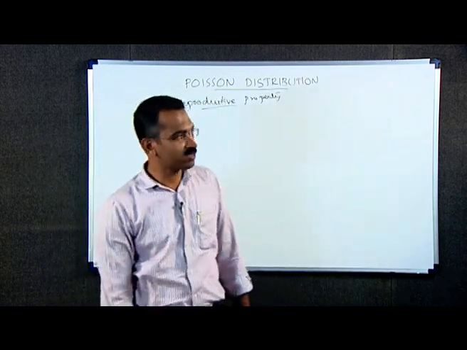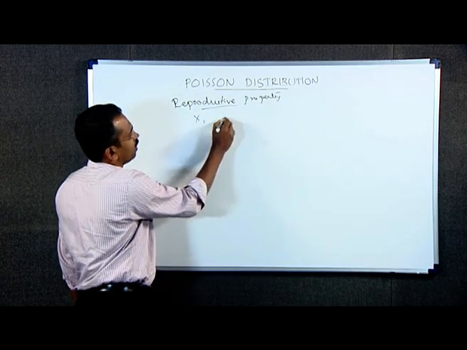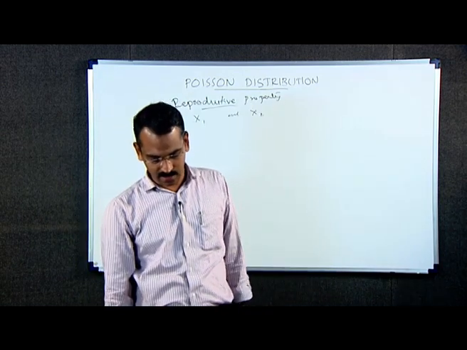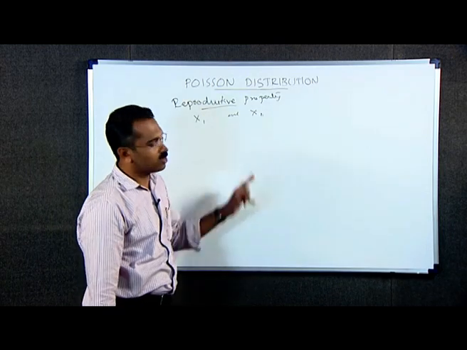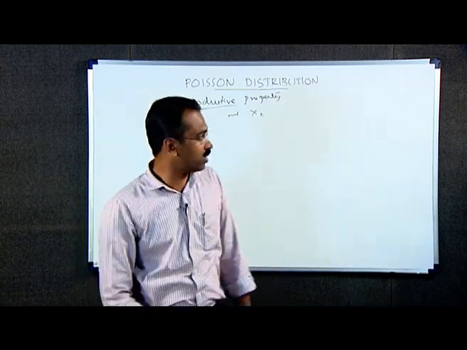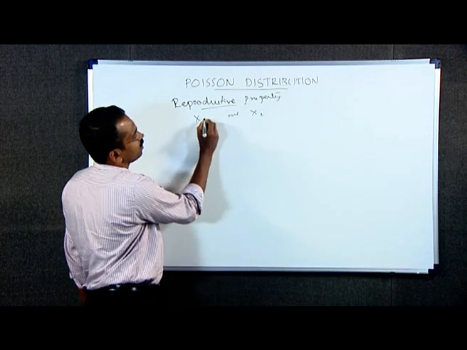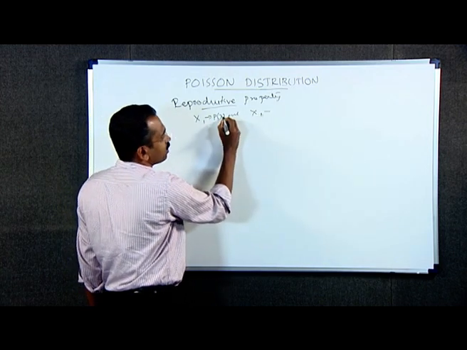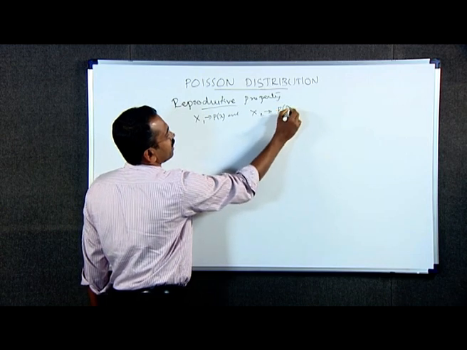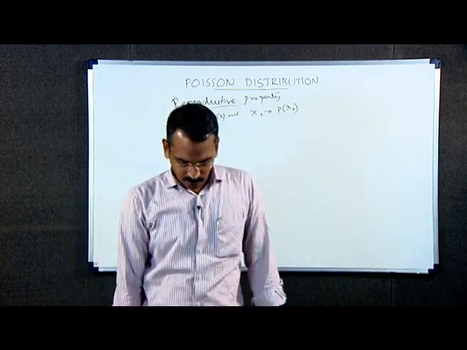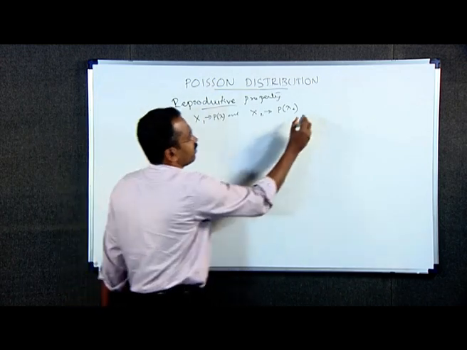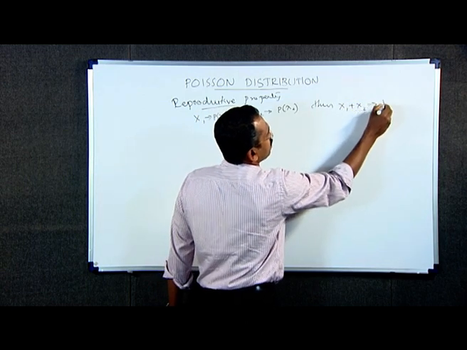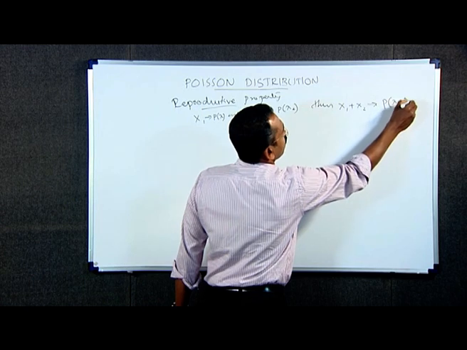That is, if x1 and x2 are two independent random variables following the Poisson distribution with the parameters lambda 1 and lambda 2, that is, x1 follows the Poisson distribution with parameter lambda 1, x2 follows the Poisson distribution with parameter lambda 2, then this sum, that is x1 plus x2, follows Poisson distribution with parameter lambda 1 plus lambda 2.